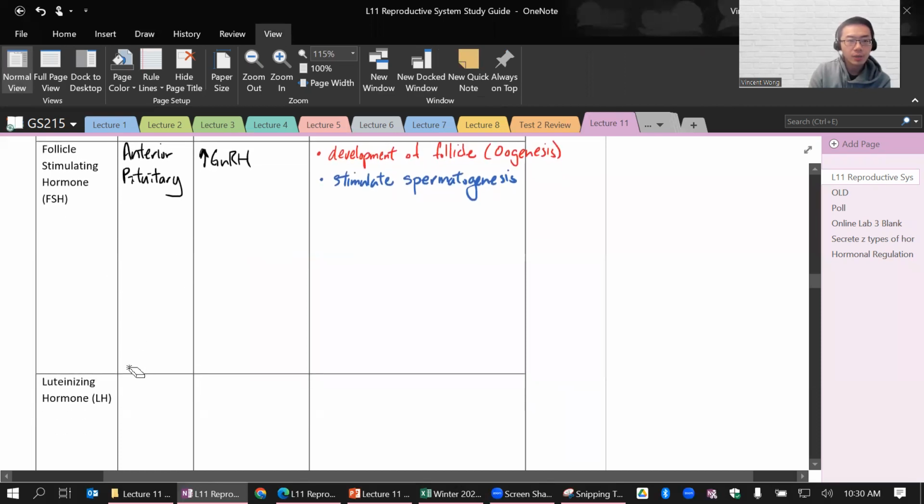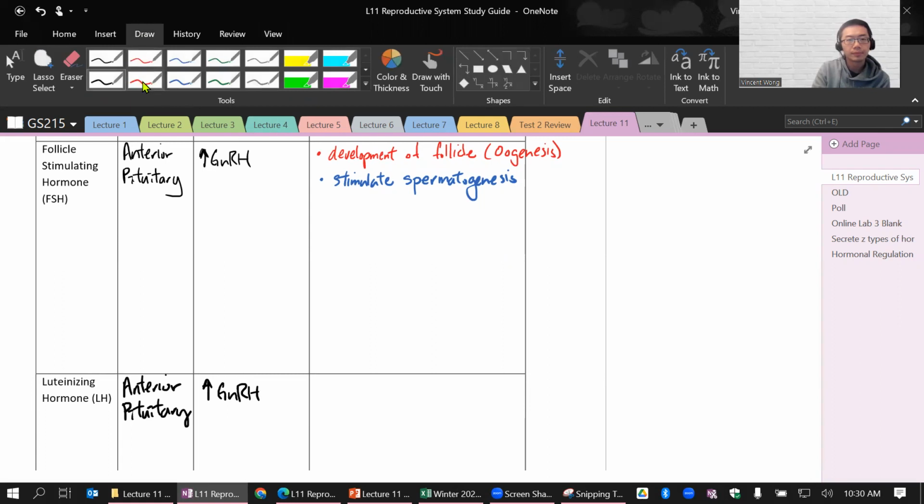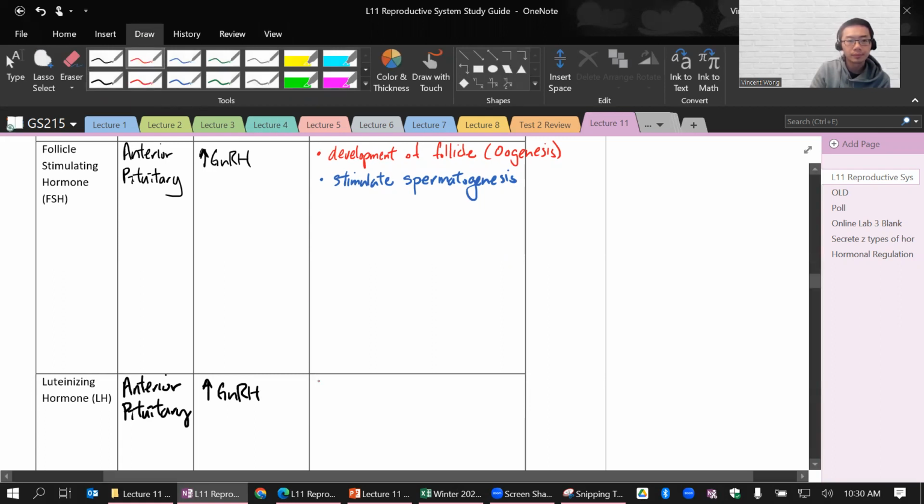Next, luteinizing hormone is also from the anterior pituitary gland. And that is also going to need an increase in GnRH. What does LH do in the female body?